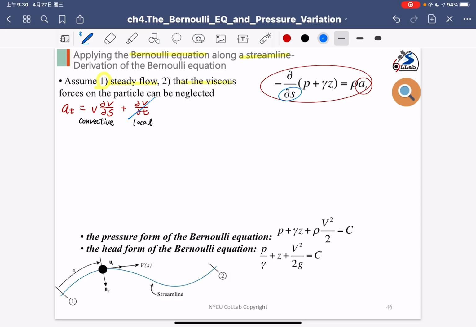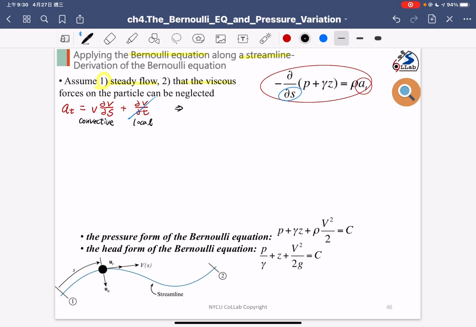Steady flow indicates the physical parameters don't change with time, so any differential with time, we don't have this effect. So we cancel out the velocity-change-with-time term. So we just put the numbers in here.